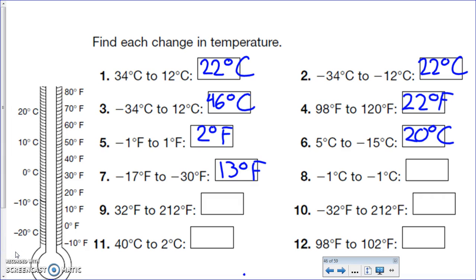For 8, we're going from negative 1 degree Celsius to negative 1 degree Celsius, so there is 0 degrees change in the temperature. For 9, we have 32 degrees Fahrenheit going to 212 degrees Fahrenheit, so you need to subtract for this one.